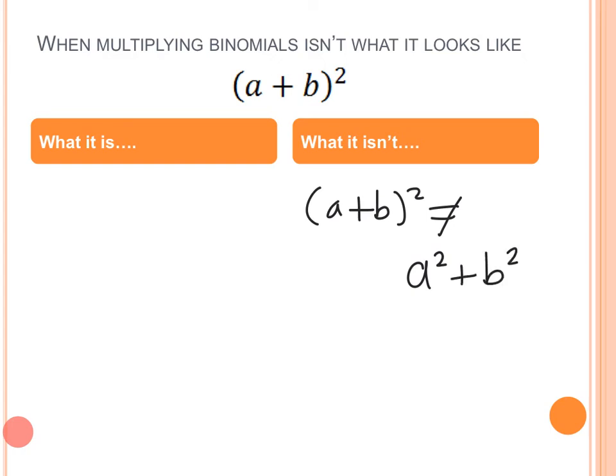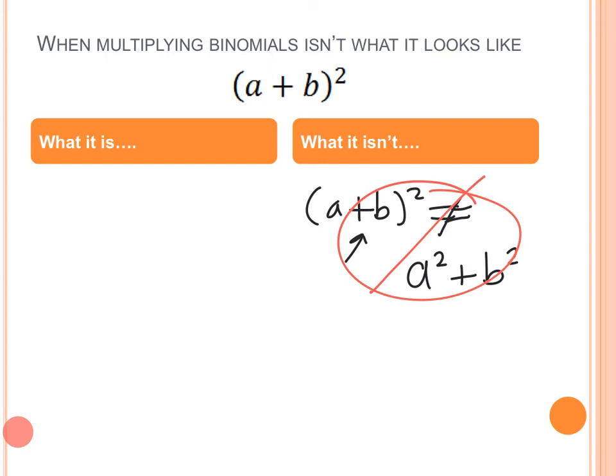The way that this works is that I'm telling you that I'm going to take the contents inside of this and multiply it by itself, whatever a plus b is. You know, we can get into more examples when we do this in class, but I do not want you to make the mistake of just distributing the power of 2 to each one of those terms. So this would be all wrong.